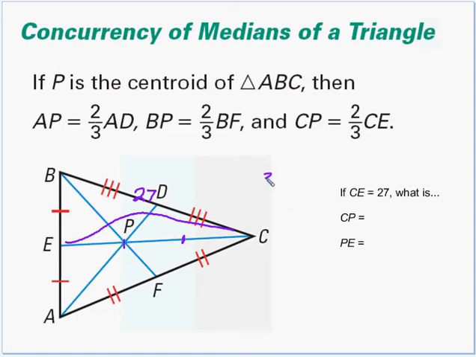So we take the length and divide it by 3. So each piece is going to be a length of 9. So we've got EP is 9, PC is split up into 9 and 9. Therefore, CP is going to be 18, and PE is going to be 9.